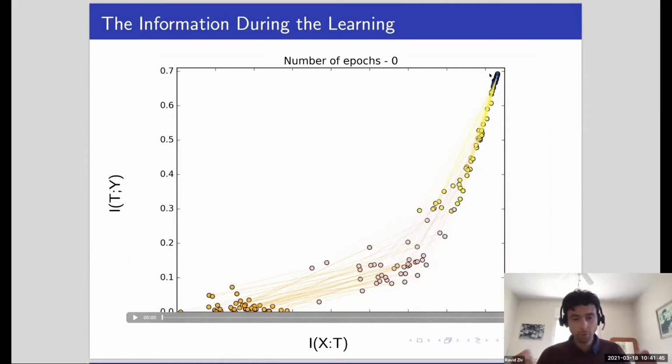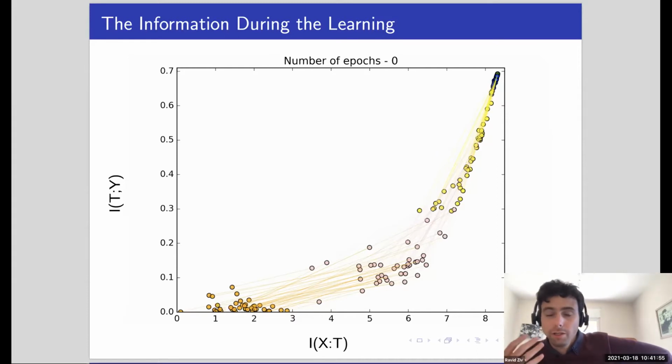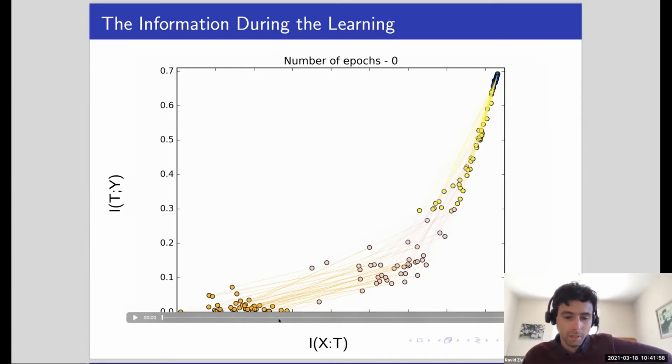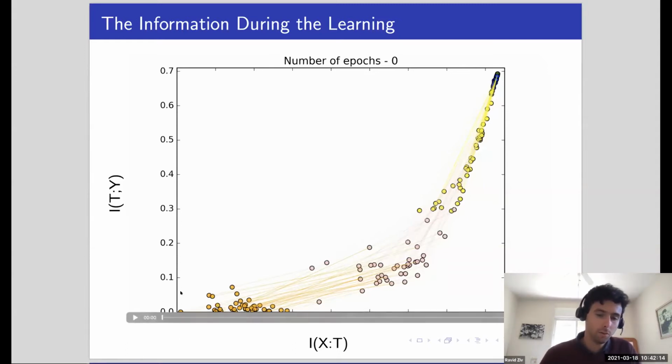And for each layer, we have 50 points for the 50 random initializations, and we will look at it during the training process. So this is the information plane. The x-axis is the information with the input, and the y-axis is the information with the label. We will now see a movie that describes all the layers in the network during the training. So let's see.